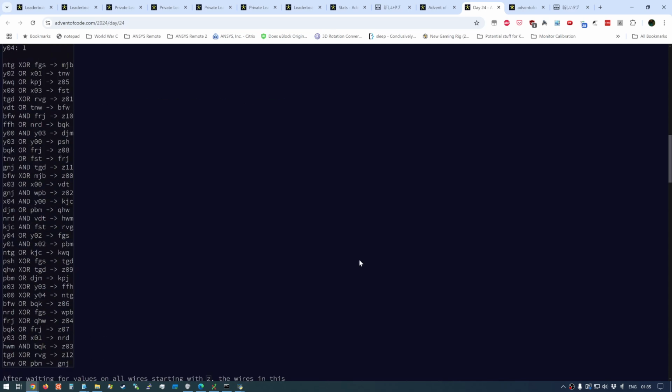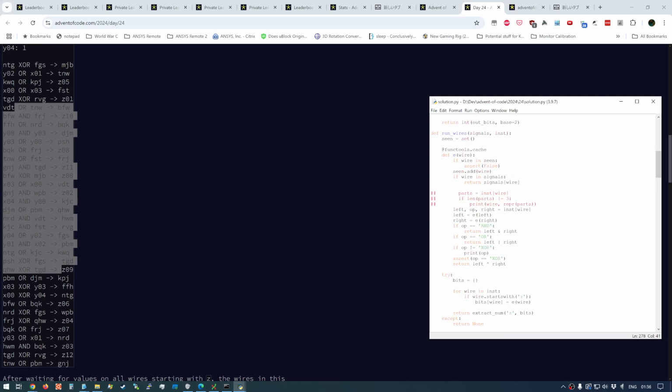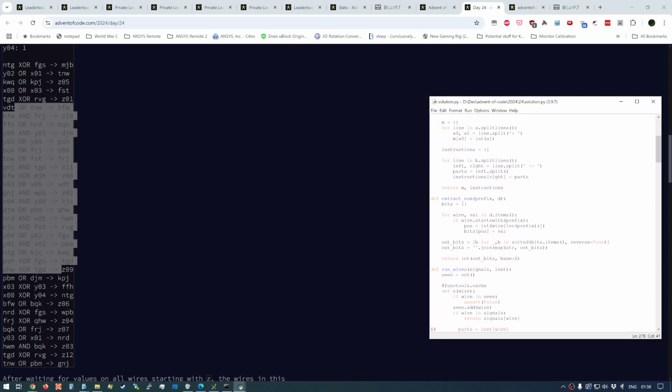So yeah, part one's really not too bad, because this is really just a graph, and that's what I implemented. Scroll up past all my awful partial attempts.